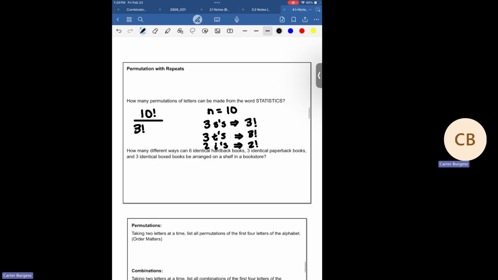And then we still want to be dividing, so multiplying the denominator by another 3 factorial, which gets rid of the order for the t's, and then dividing out by 2 factorial to get rid of the i's. So 3 factorial to deal with this, another 3 factorial to deal with this, and then a 2 factorial to deal with this.